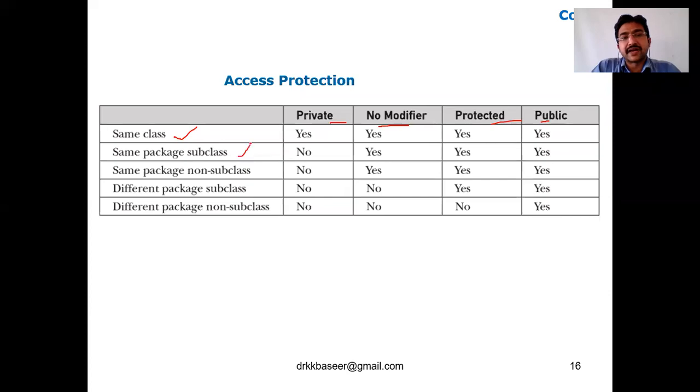Same package subclass: like java.io, awt, if you have a sub package, a subclass is there. If it is private, the subclass in the same package can't access it. If you declare any private method, class or data member, you can't access it. For non-modifiers you can access it. For protected and public, both can be accessed.